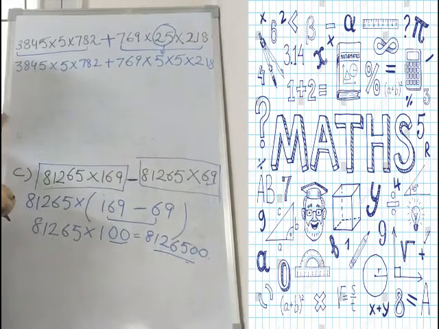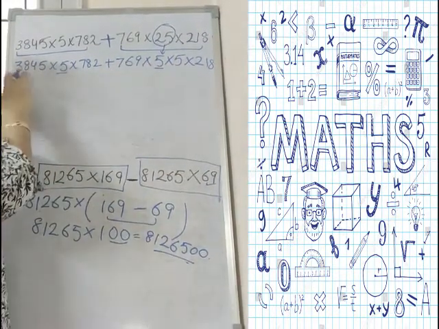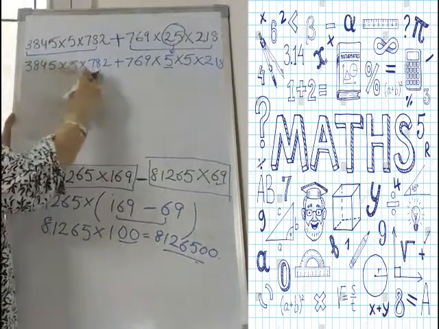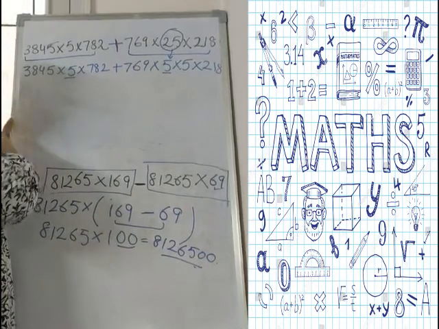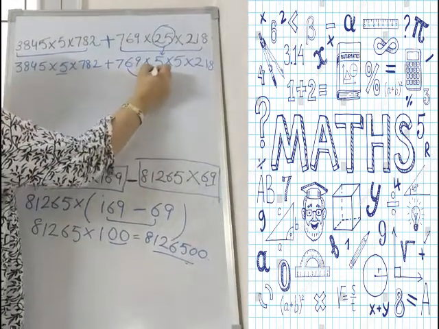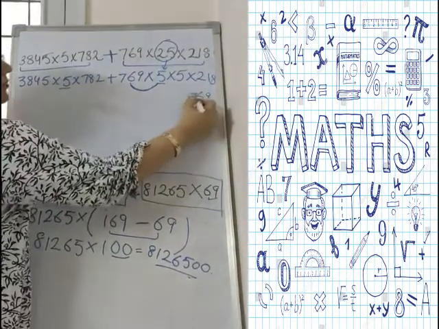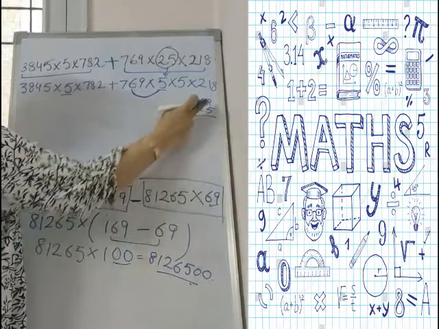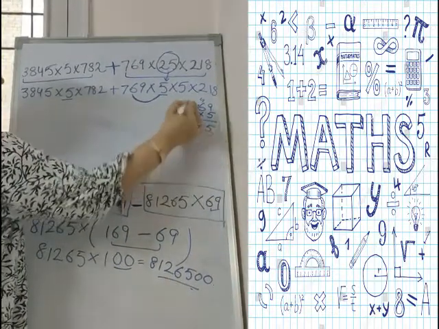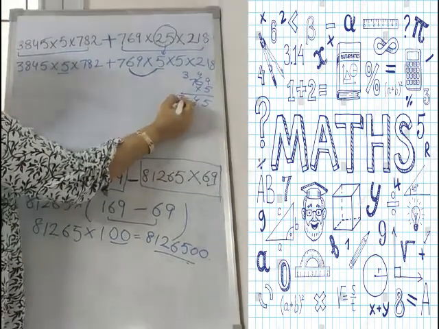Now if I am taking out 5, again my target is not achieved, because again I have to multiply bigger numbers, which is not my target. Think about something else. If I am going to multiply 5 with 769, 5 nines are 45, 5 sixes are 30 plus 4, 34, 5 sevens are 35 plus 3, 38.